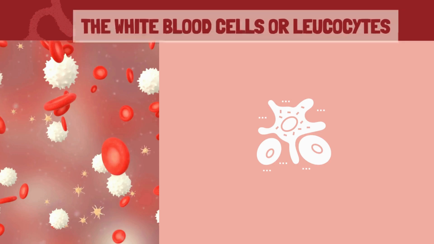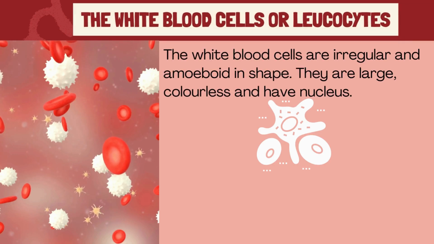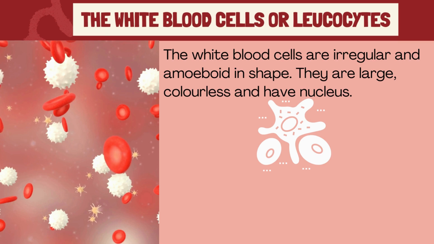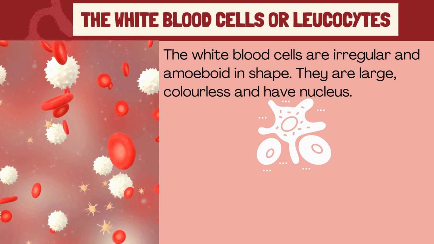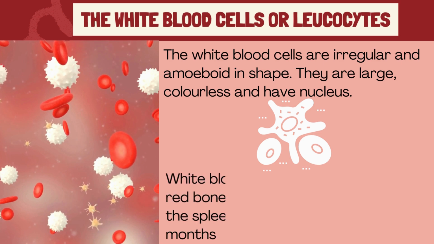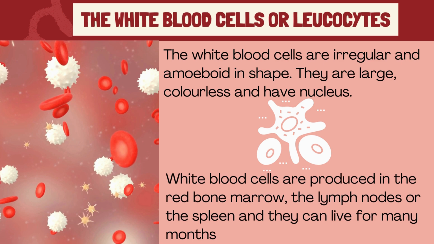The white blood cells, which are also called leukocytes, are irregular and amoeboid in shape. They are large, colorless, and contain a nucleus. They are larger than red blood cells in diameter, but they are fewer in number than the red blood cells.